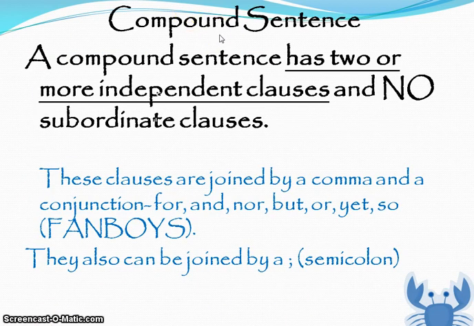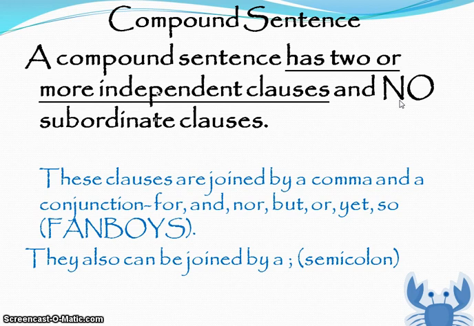Okay, our second kind of sentence are compound sentences. A compound sentence, and in your foldable you recorded this, has two or more independent clauses. There will be absolutely no subordinate clauses. So you're not going to see those clue words starting subordinate clauses in these sentences.